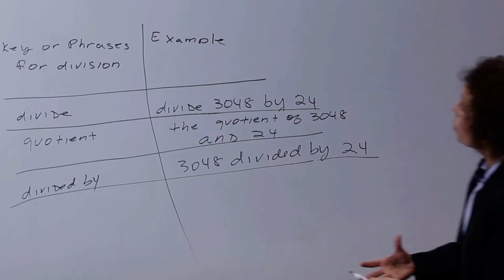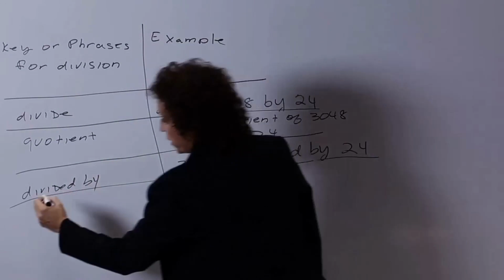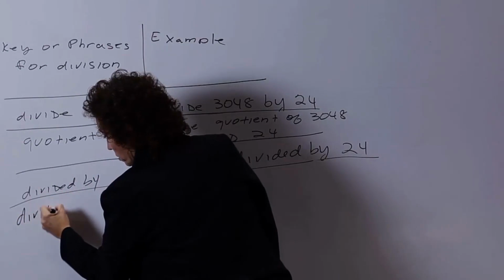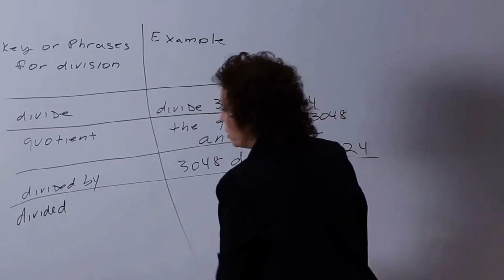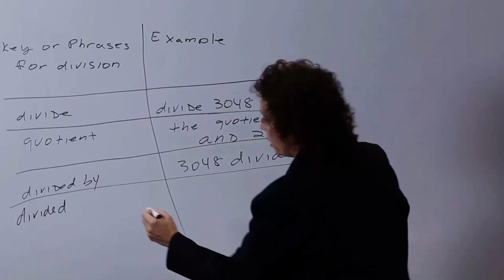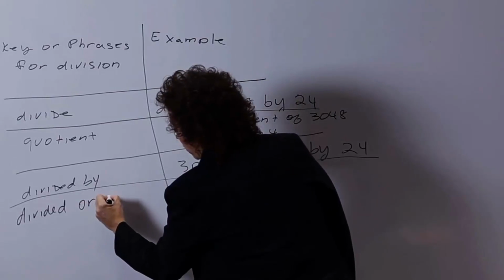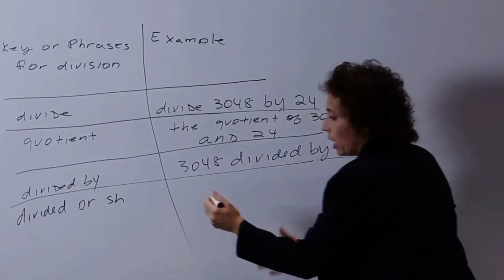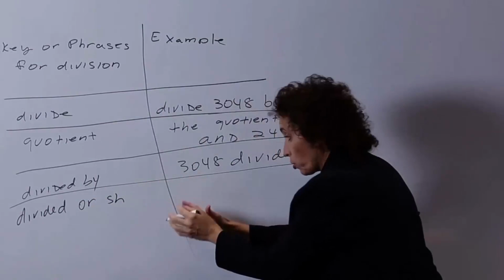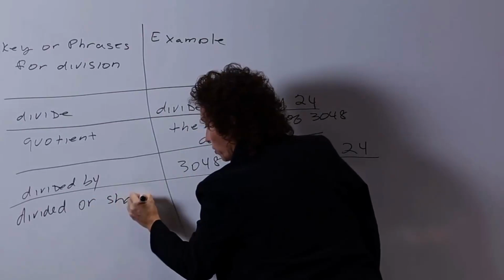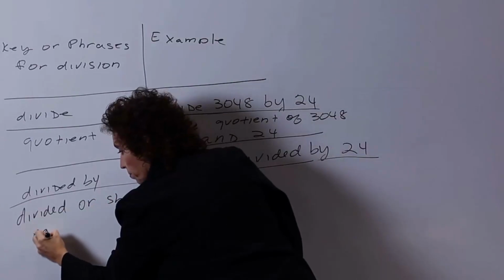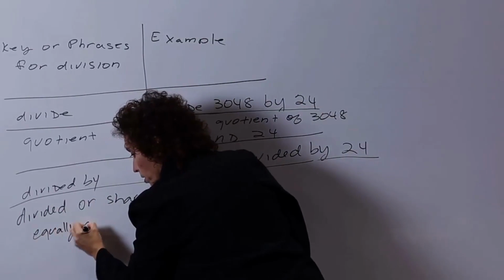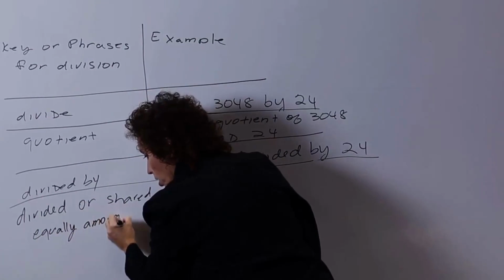Another key word would be divided or shared equally among. Now, when I say that, it doesn't have to say that as exact words. Divided or shared equally among.